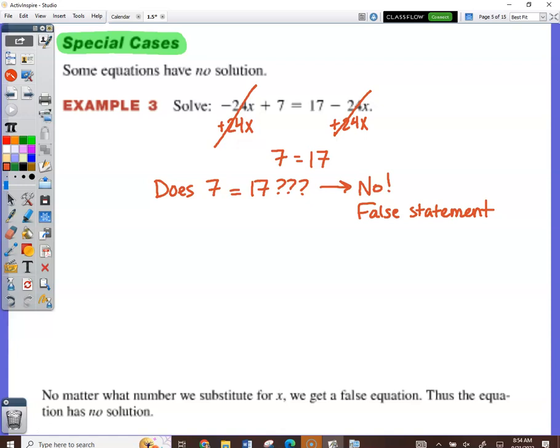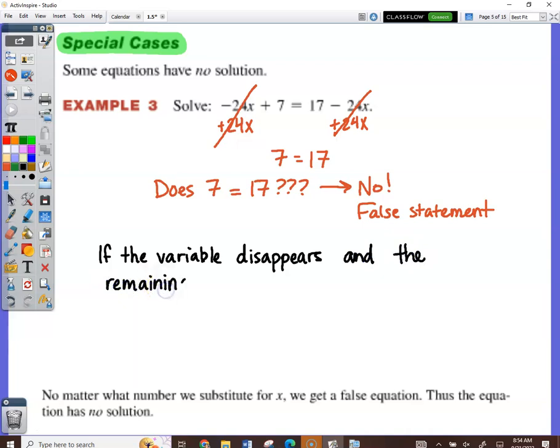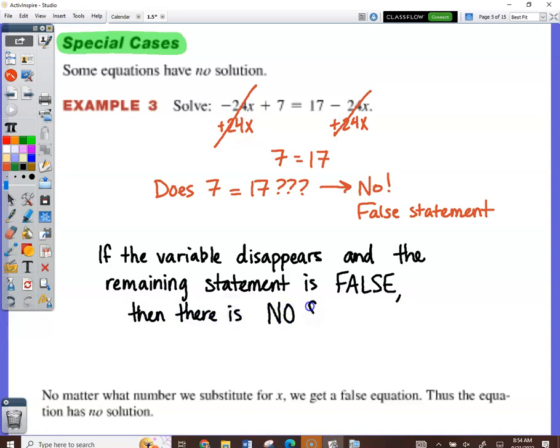All right, let's make a note. If the variable disappears and the remaining statement is false, then there is no solution.